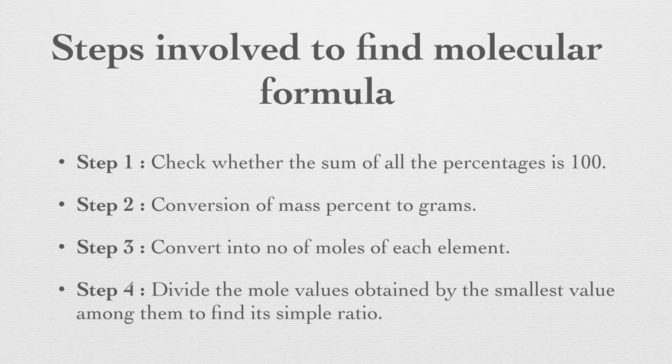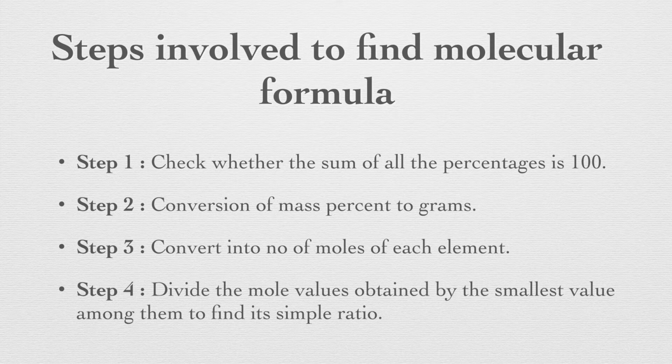Now for example, if your compound is of carbon, hydrogen and oxygen, you will first find out the number of moles of each one. Now if suppose the number of moles of hydrogen is very less, then what are you going to do? You are going to divide each of the number of moles by the number of moles of hydrogen. Okay, then you will get a simple ratio.